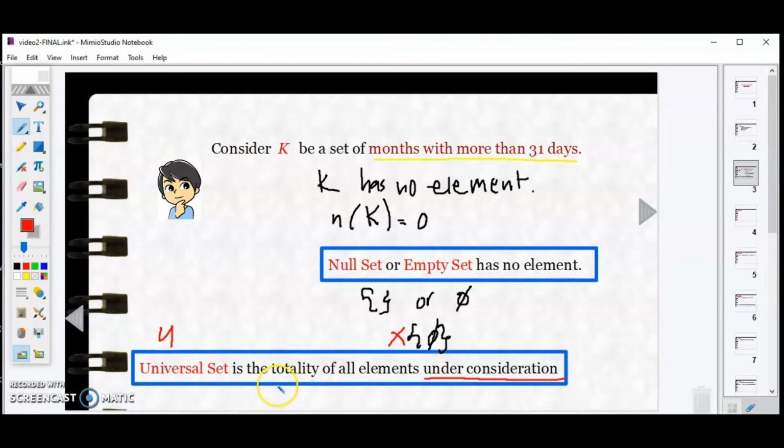Then all the sets under it must have no elements that will not be found in the universal set, because it is the one that gives the restrictions. Same thing goes with, for example, if your sets are about letters in the English alphabet, then your universal set will be the letters in the English alphabet. That's what we mean by universal set.